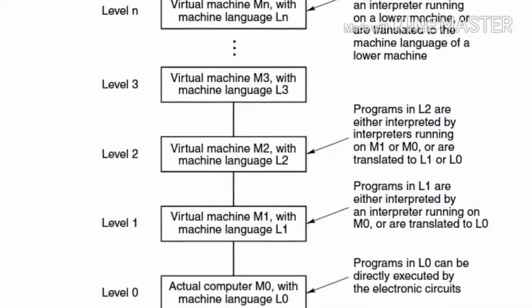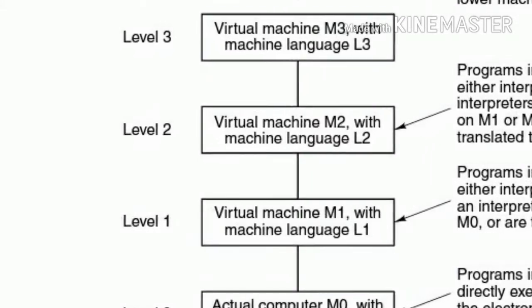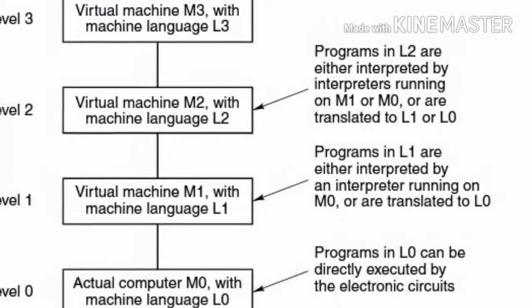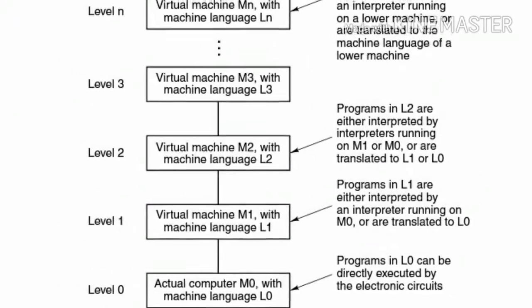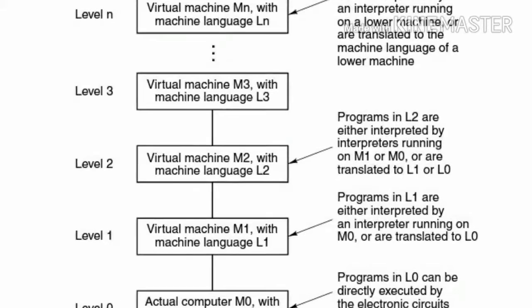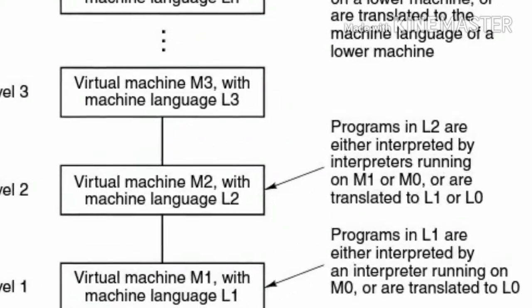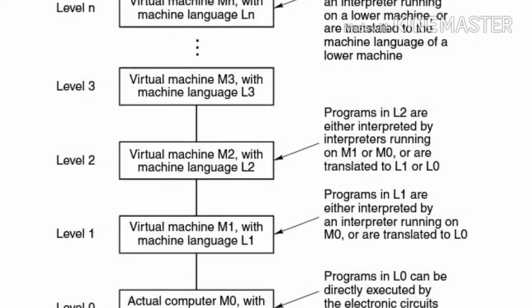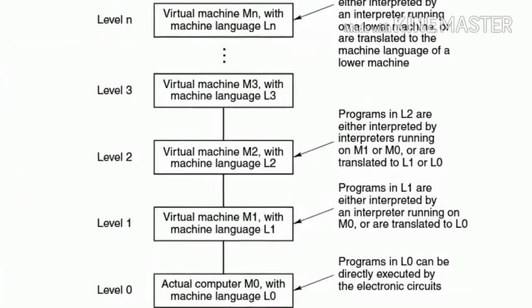The obvious approach is to invent still another set of instructions that is more people-oriented and less machine-oriented than L1. This third set also forms a language, which we will call L2, with virtual machine M2. People can write programs in L2 just as though a virtual machine with L2 as its machine language really existed.